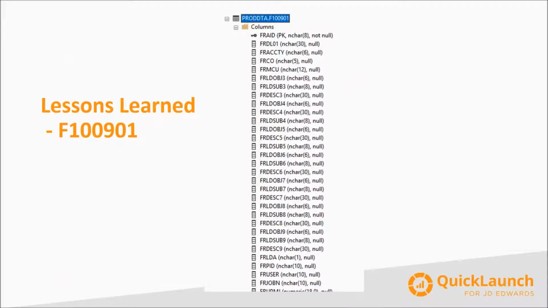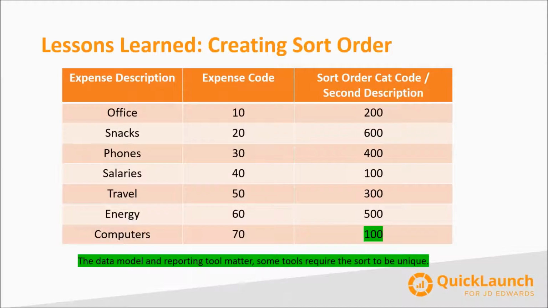If you've bothered to develop your level of detail out within the account master in JD Edwards, there's the table you might want to know about, and it's the F100-901. It is an exploded view of your level of detail table, and it's really useful in building out a hierarchy if that happens to be something that you've done.